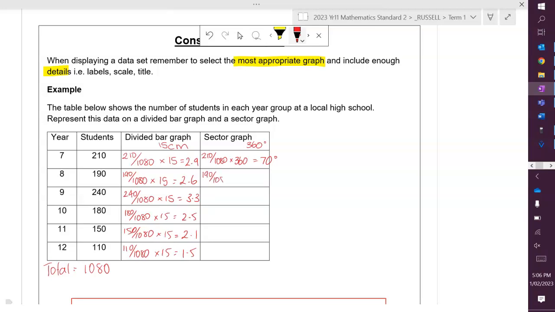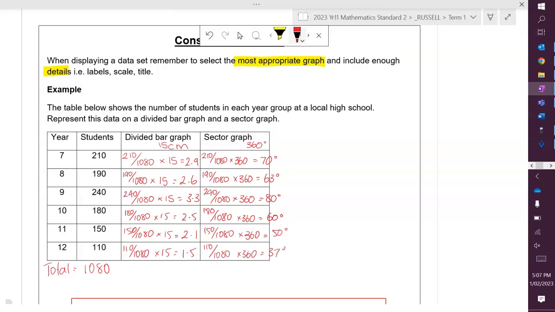So 190 over 1080 times 360 is going to give us 63 degrees. 240 over 1080 times 360 is 80 degrees. 180 over 1080 times 360 is 60 degrees. 150 over 1080 times 360 is 50 degrees, and 110 over 1080 times 360 is 37 degrees.